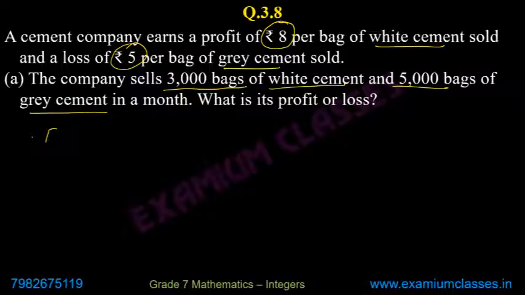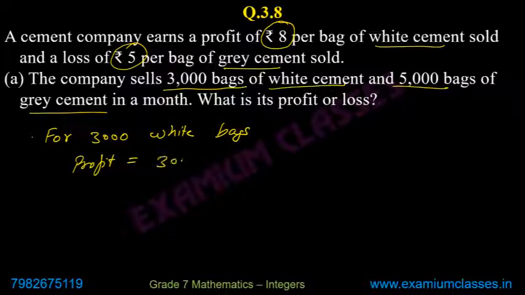Okay. Now for 3,000 white bags, profit is equal to number of bags multiplied by profit on one bag, means 24,000 rupees, 24,000 profit.